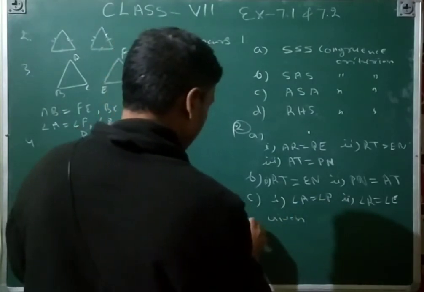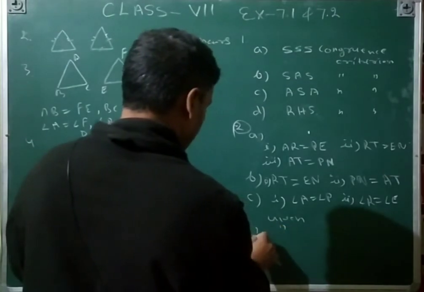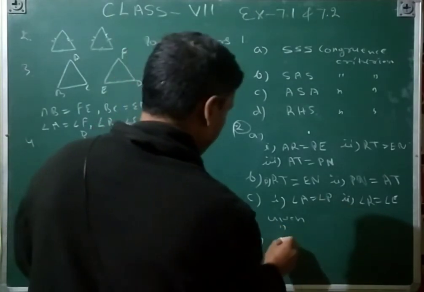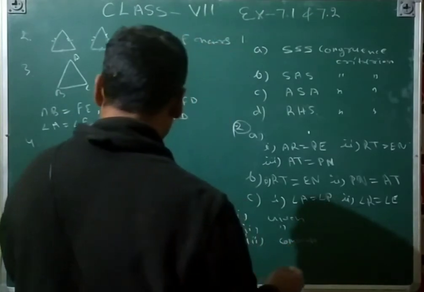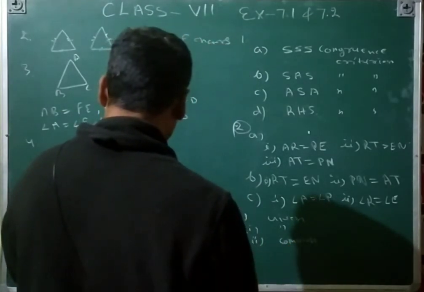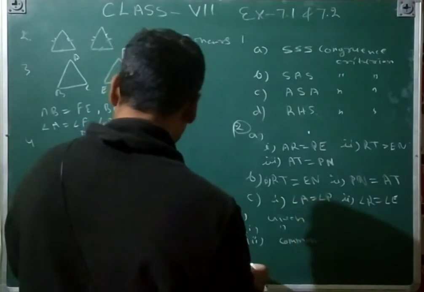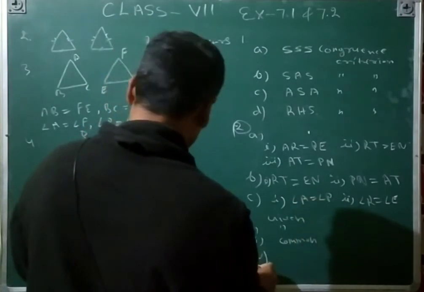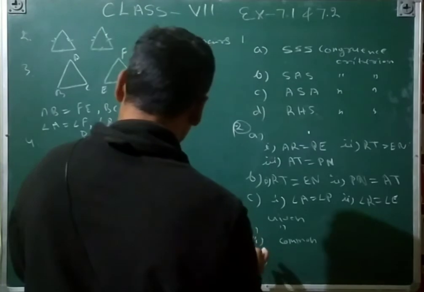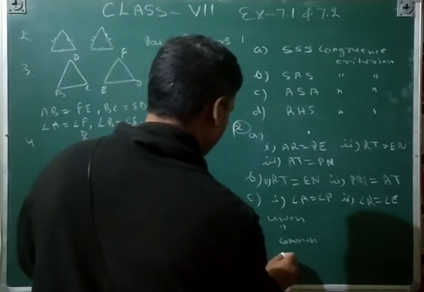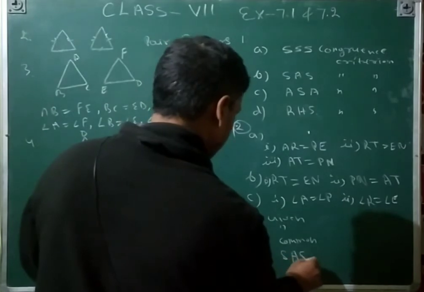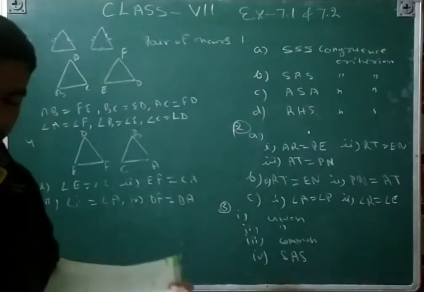And for the third, that is common. Common means if we are taking any side or any angle for both triangles, that is common. So for the fourth part, we have taken two sides and one angle, so that will become side angle side.